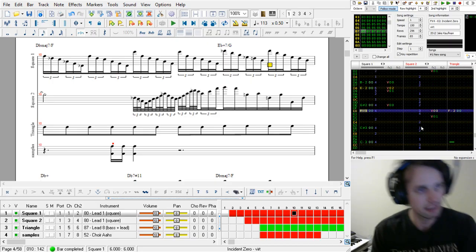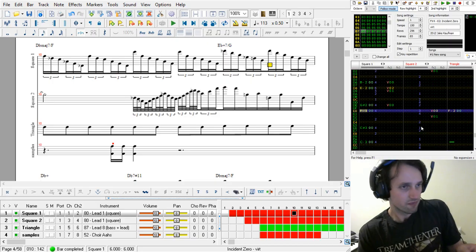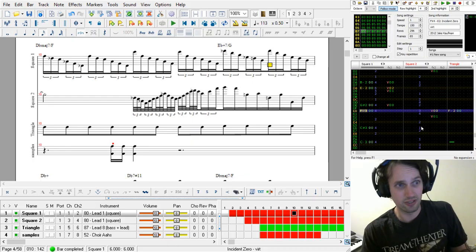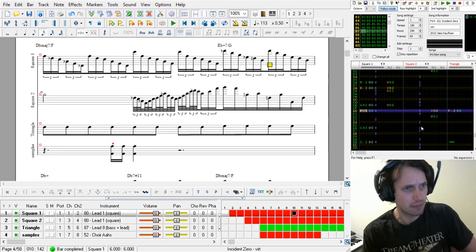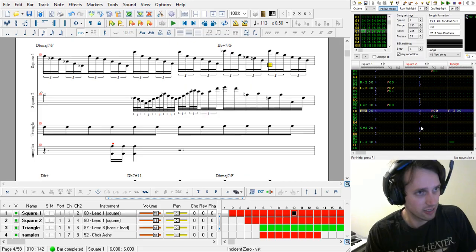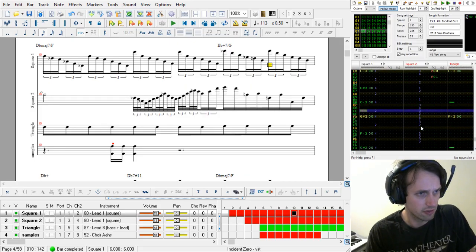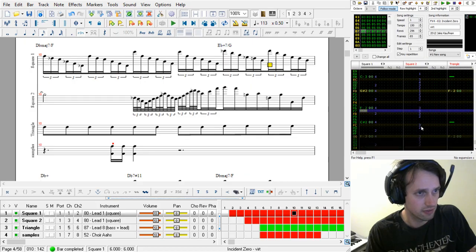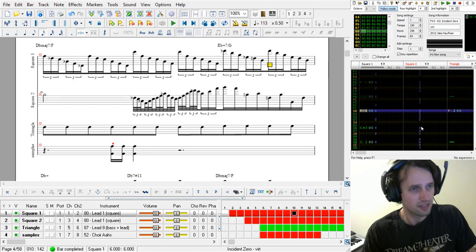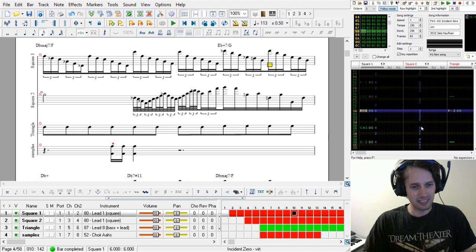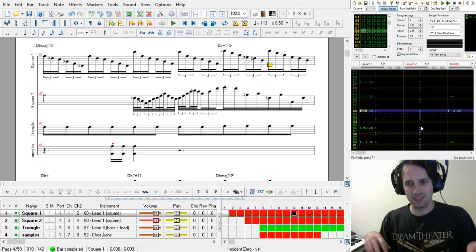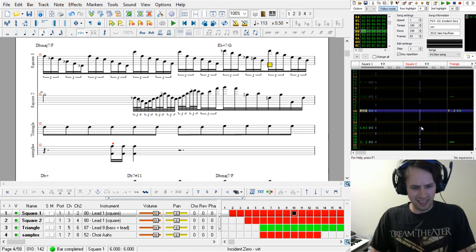If you look at this, remember how I said each of these memory addresses on the left are a 128th note, a very, very fine unit of time. If we count them out, one arrow key at a time here, we see 1, 2, 3, 4, 5, 6, 1, 2, 3, 4, 5, 1, 2, 3, 4, 5. Then 1, 2, 3, 4, 5, 6, 1, 2, 3, 4, 5, 1, 2, 3, 4, 5. So they're not technically perfect triplets. They're actually sort of done in a techno-ish way.